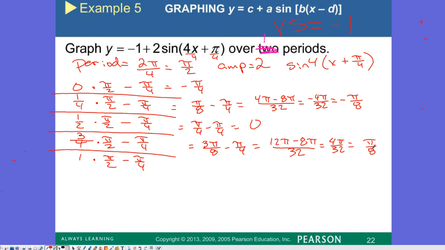Next one. Pi over 2 minus pi over 4, which is 2 pi over 4 minus pi over 4, so pi over 4.